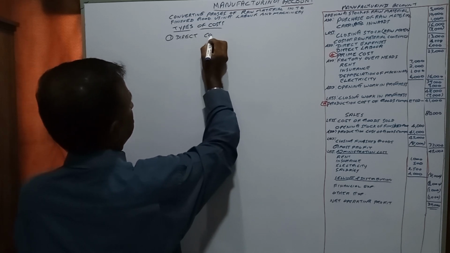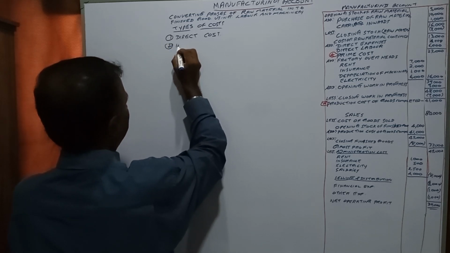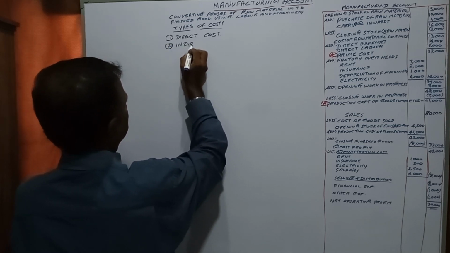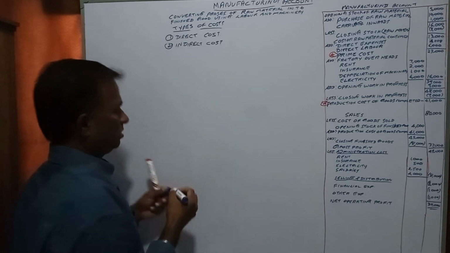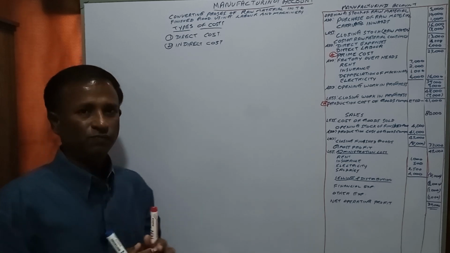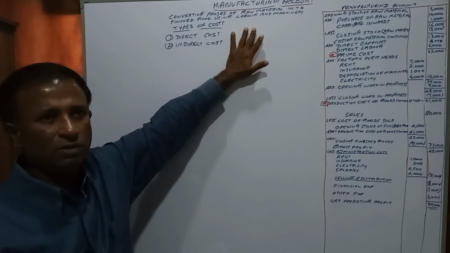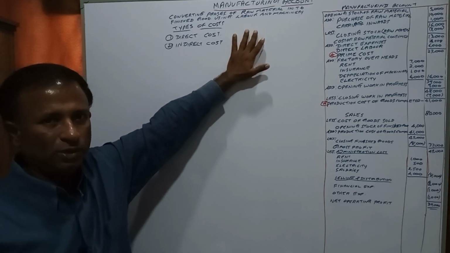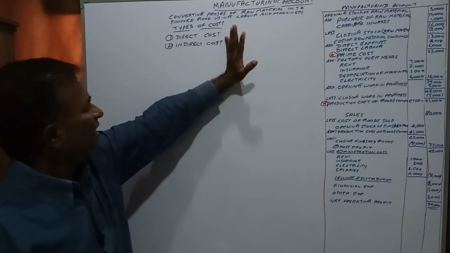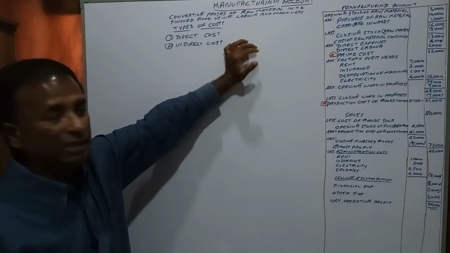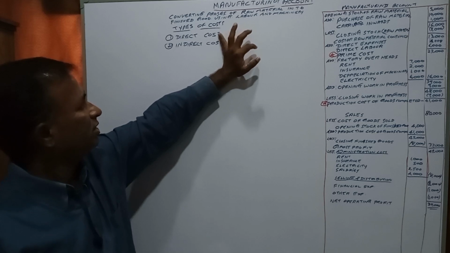Second one is indirect cost. We can classify those costs included in production under direct cost or indirect cost.